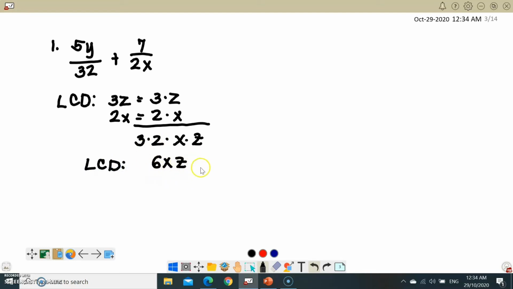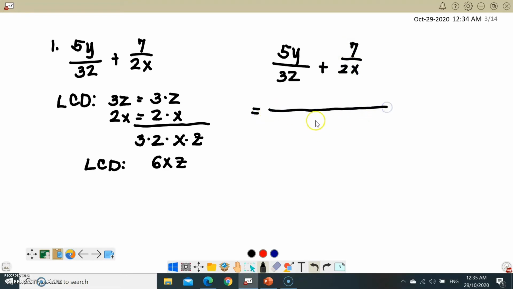So we are going to use the LCD as the common denominator of the given rational algebraic expressions. So copying the given 5y over 3z plus 7 over 2x, that is equal to, what is the least common denominator?